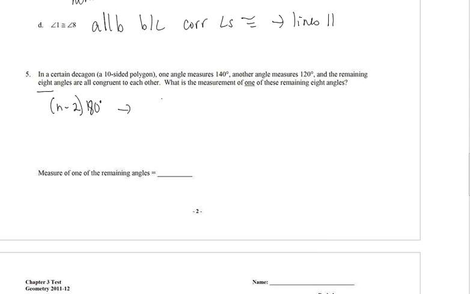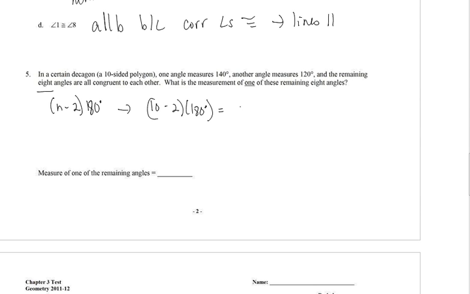Okay. Now what's n going to be? N is the number of sides, or the number of angles, which in a decagon is 10. So I've got 10 minus 2 times 180. Okay. Now, I've got to get the unknown information into this. So I need to add up all the angles.